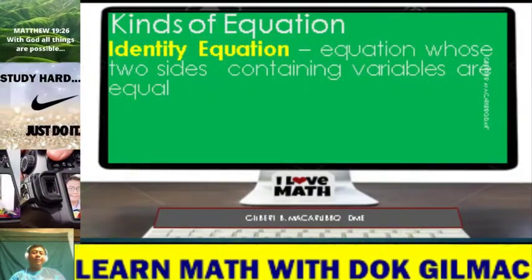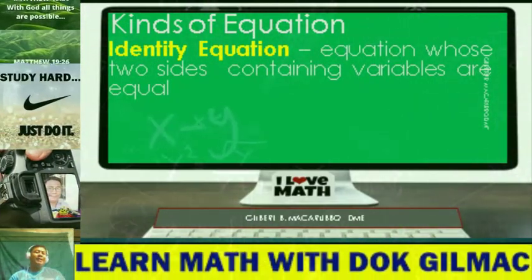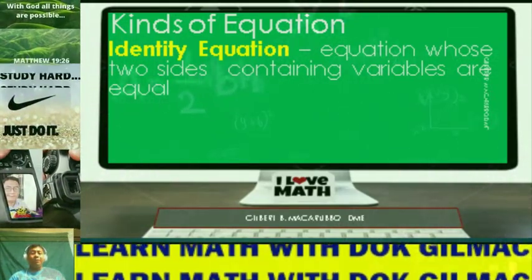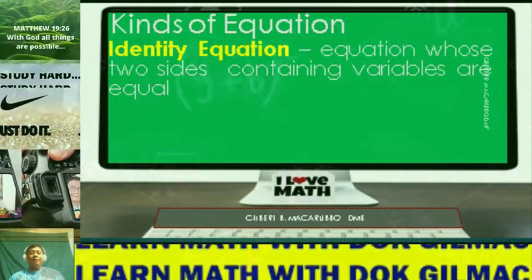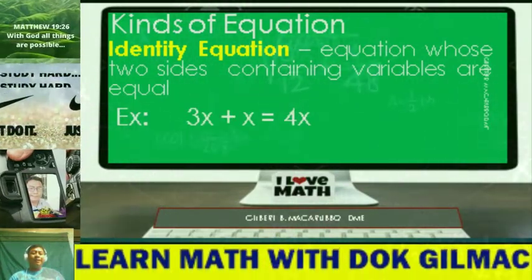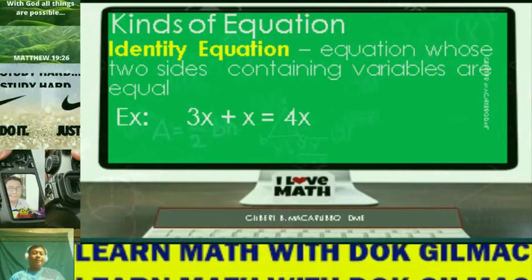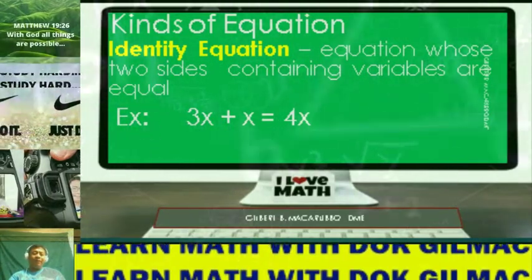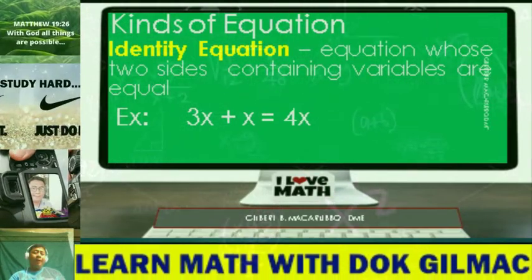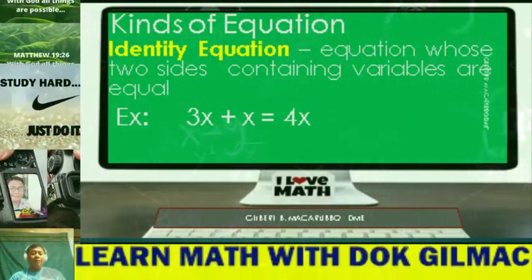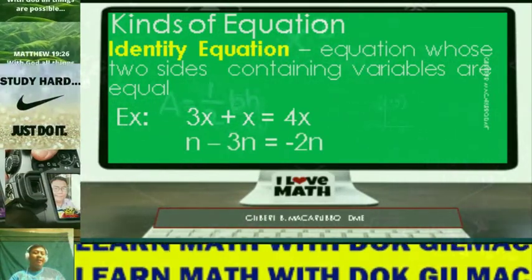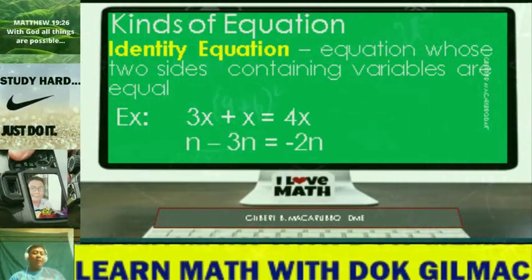Identity equation. Identity equation is an equation whose two sides containing variables are equal. For example, 3x plus x is equal to 4x. On the left side, we have 3x and x. If you combine these two like terms, it is simply equal to 4x. n minus 3n is equal to negative 2n.